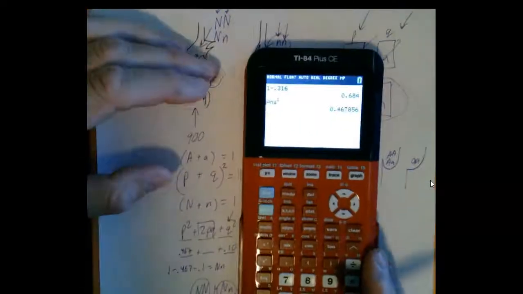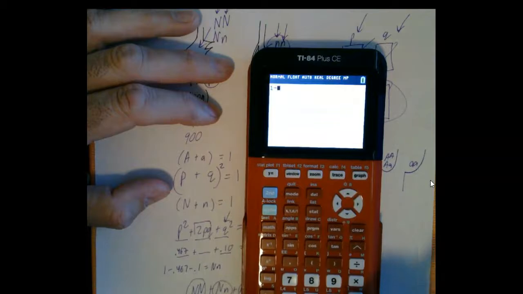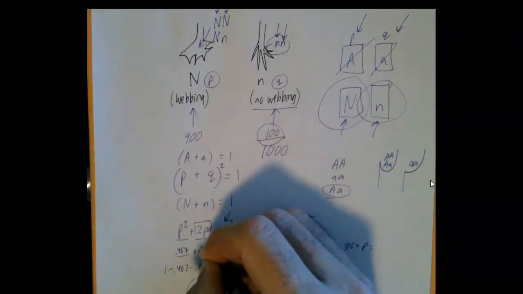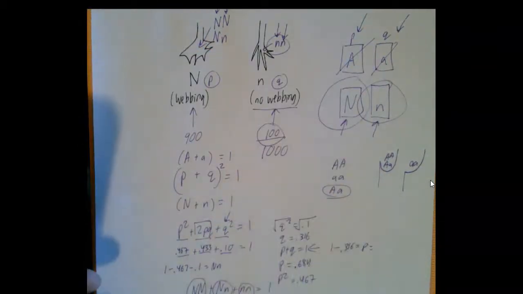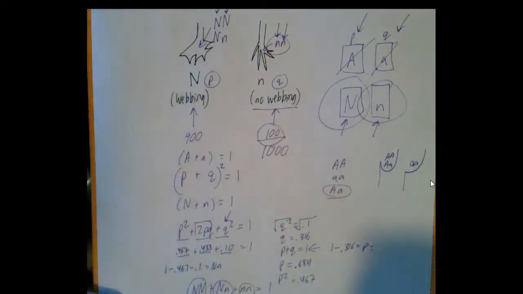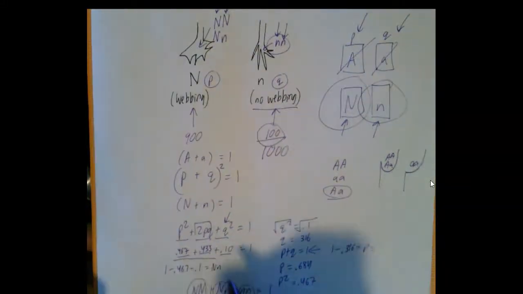So I'm going to take, right, clear, 1 minus 0.467 minus 0.1, and it's 0.433. So to see if that works, does 0.433 plus 0.467 plus 0.1, notice, give me 100%.